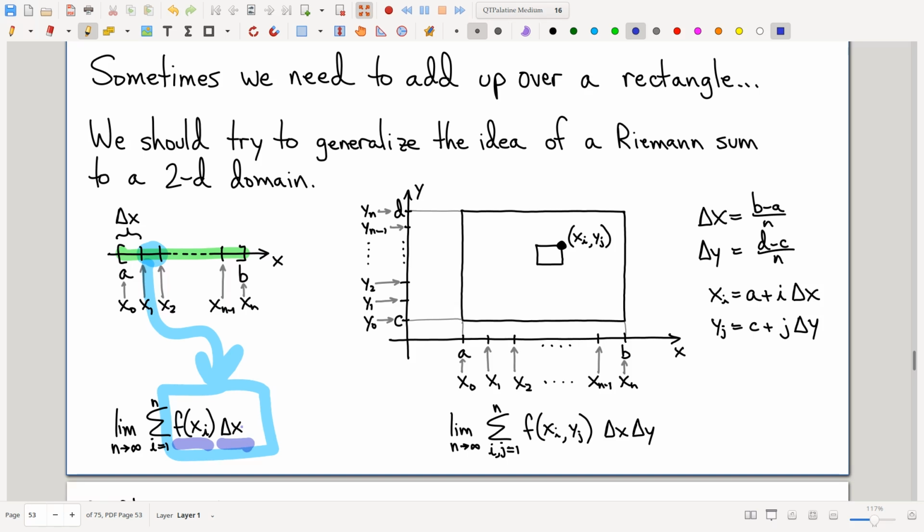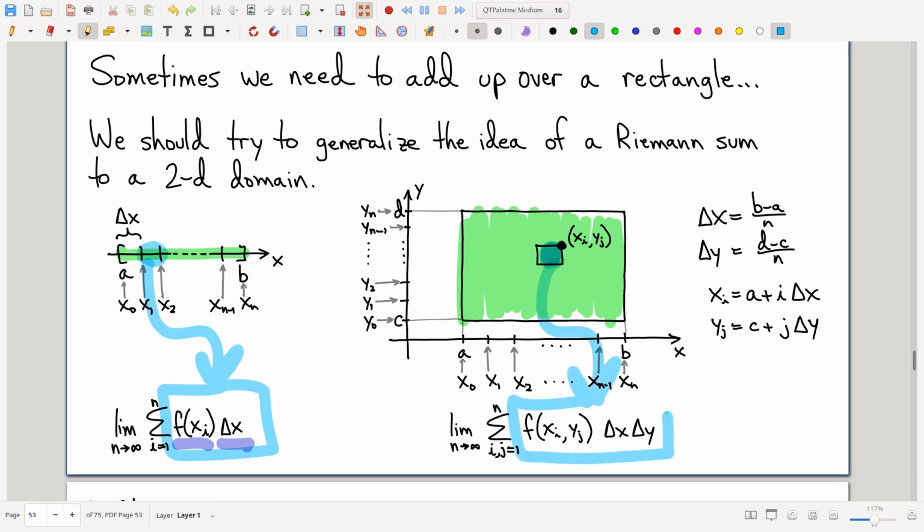Well, the two-dimensional analog of that is that we take an area, and then on each little piece, now a piece of area, not a piece of length, for whatever reason, I'm going to want to multiply that.